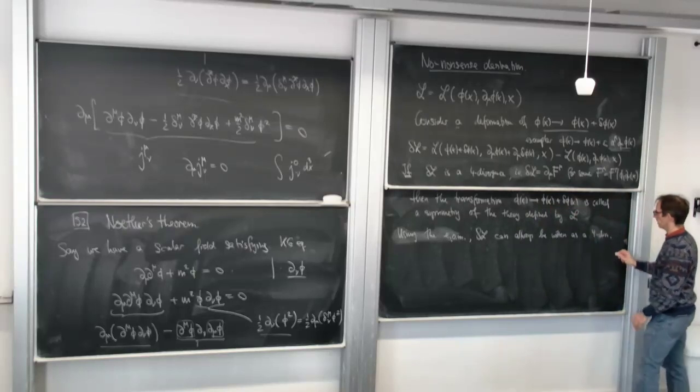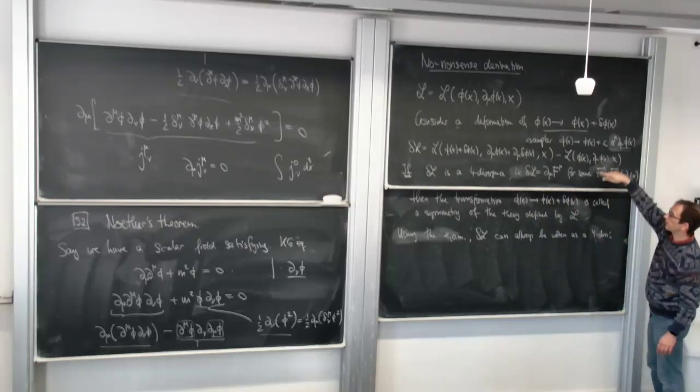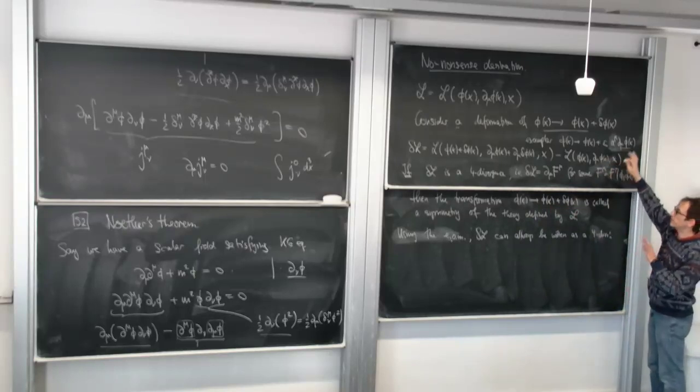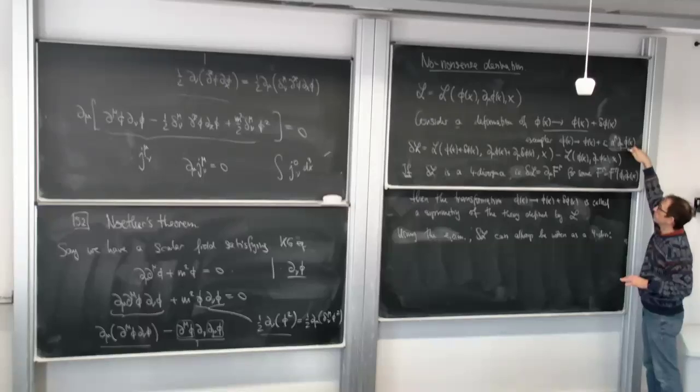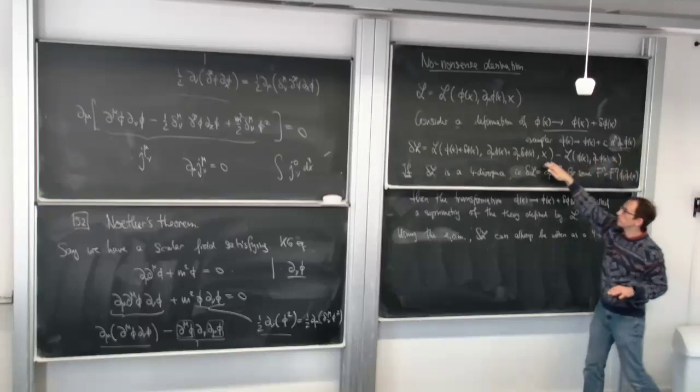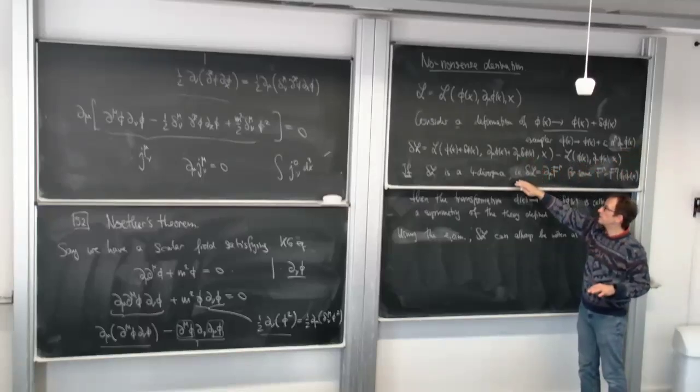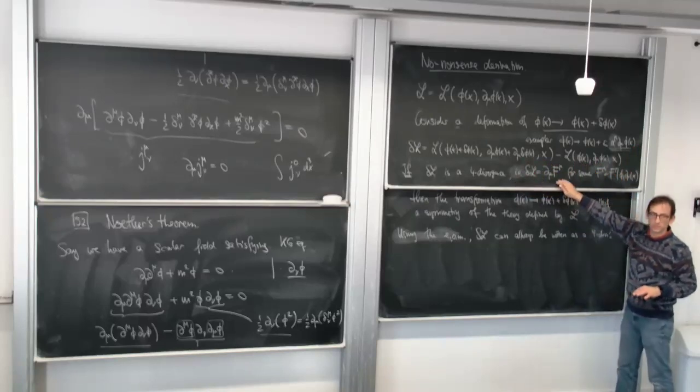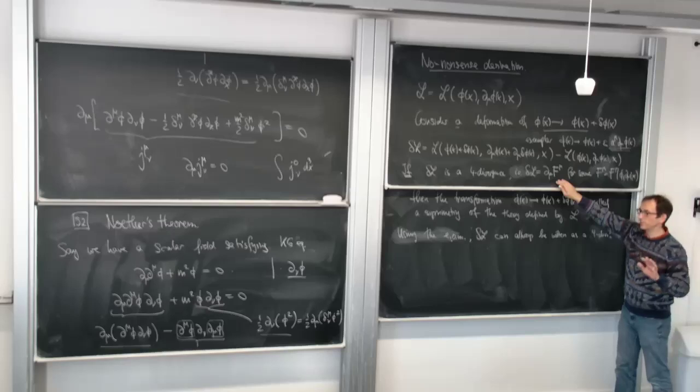So note that here I haven't used the equation of motion. I have just said come up with the transformation, plug it into your Lagrangian, massage it, and see whether or not it is a four divergence. I never said, okay, go ahead and use the equations of motion. I forbid this.